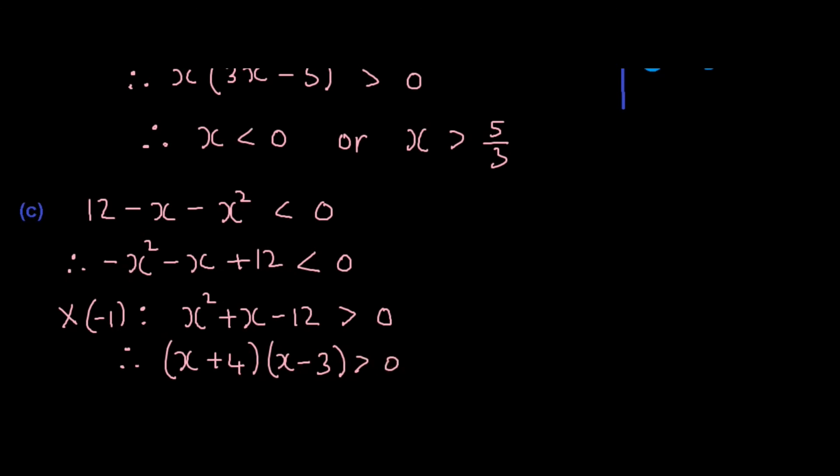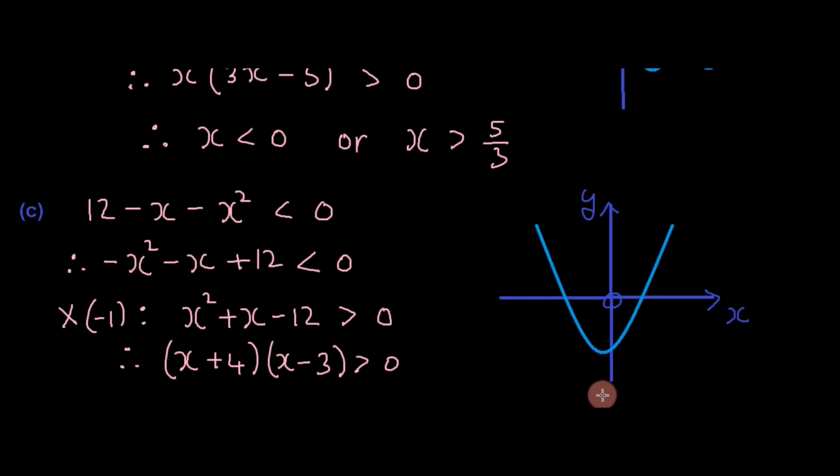And now we can draw the parabola again. And our roots will be negative 4 and positive 3. So negative 4 and positive 3. So something like this. Negative 4 and positive 3.